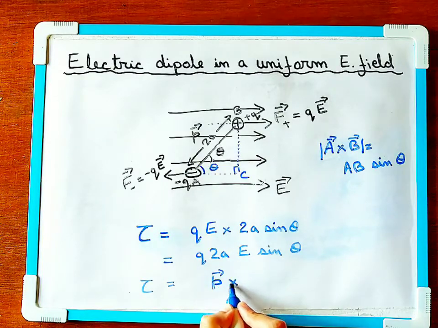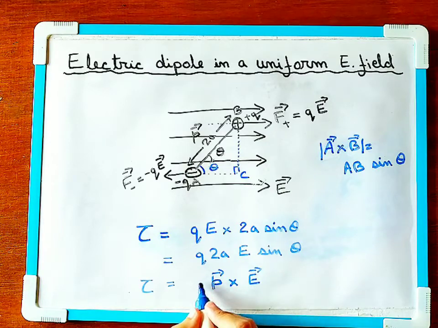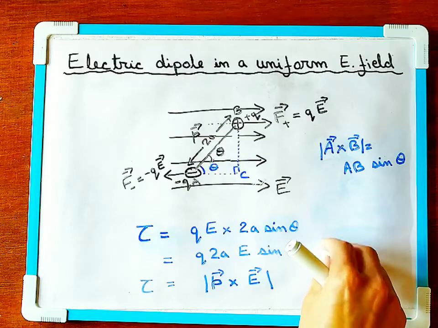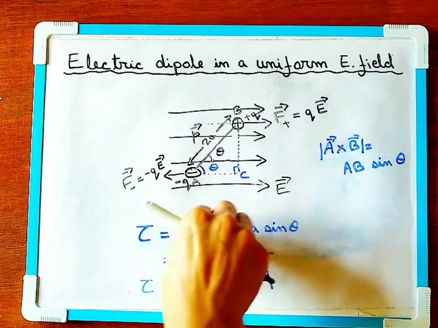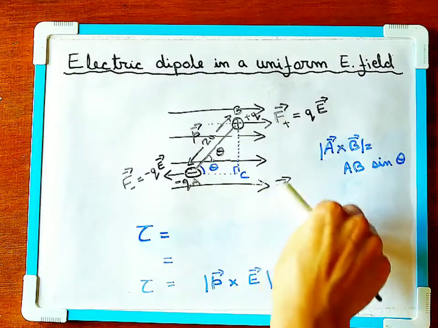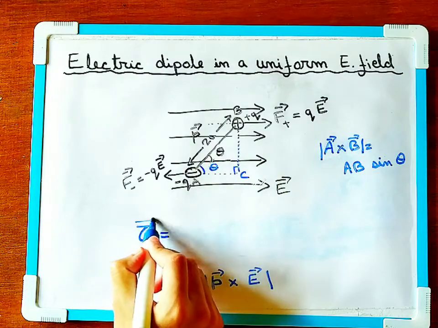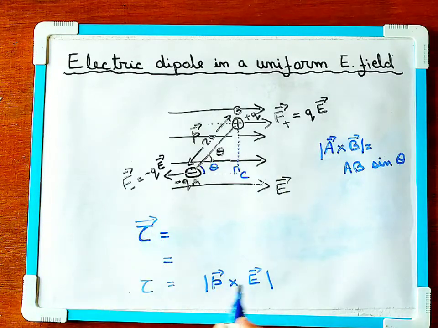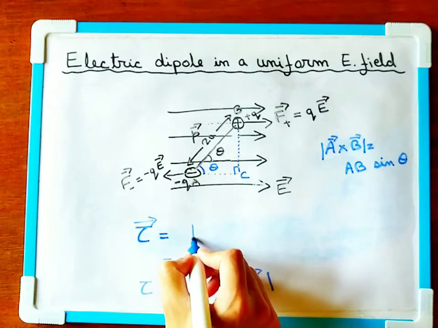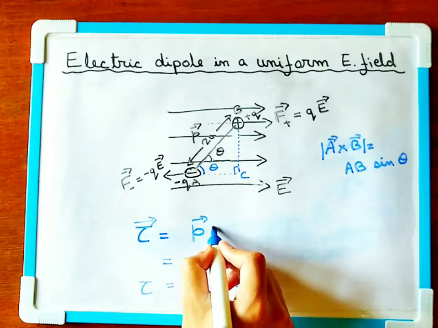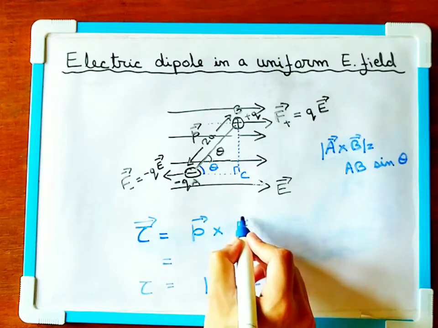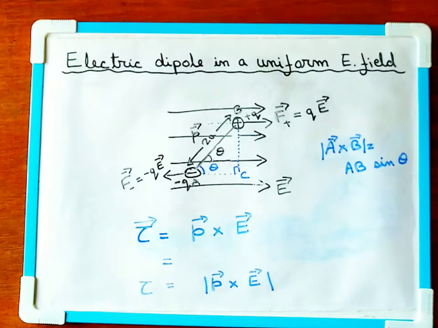So I can write this tau as the magnitude of P cross E. Here, in vector form, your torque tau vector will be equal to the cross product P cross E. So this is in vector form.